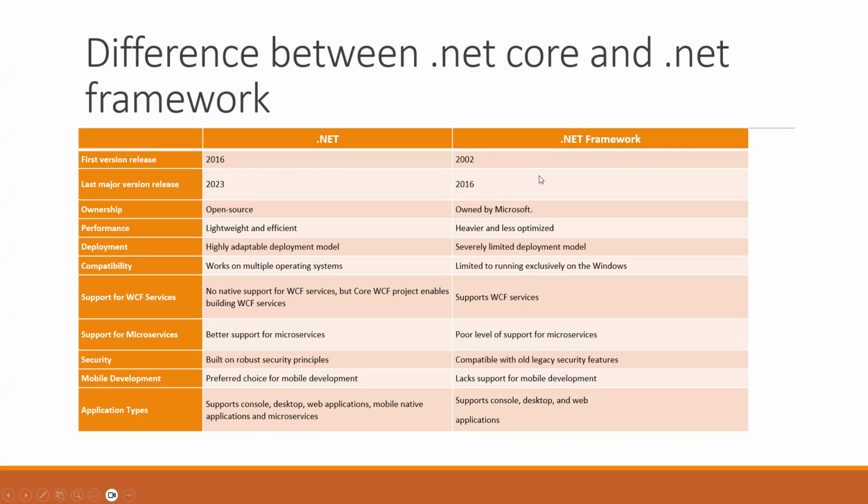So we can say .NET Core is a successor of .NET Framework. Why it was necessary for Microsoft to release .NET is because .NET Framework was first released in 2002, and whatever new version was created had to be compatible with applications created with the older versions. So till 2016, the .NET Framework was very bulky and heavy, and the performance was decreasing because it has to support all the older versions.